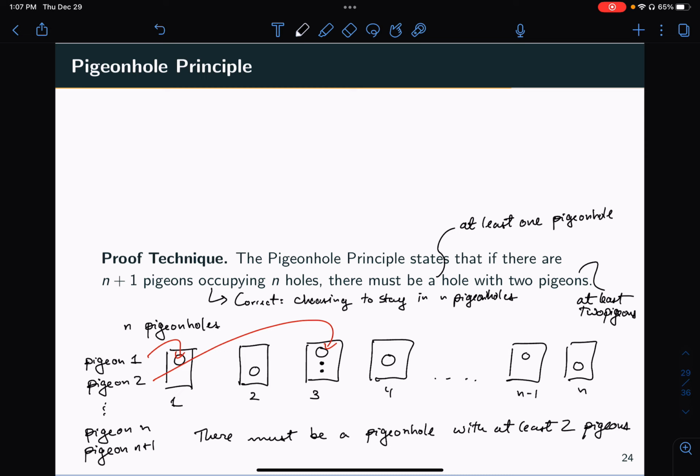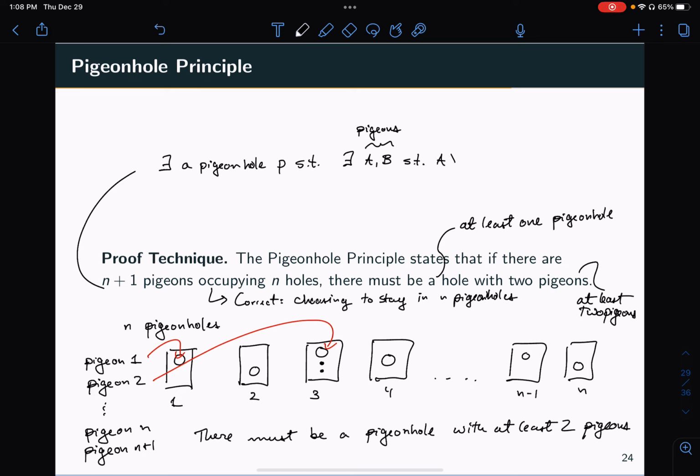right? Or, in other words, if you want to write this in quantifier notation, you could write something like there exists a pigeonhole P such that there exist two pigeons, let's call them A, B, such that A and B are in P. Okay, and this is definitely very loose quantifier notation, but this gives you the gist of the idea, right?